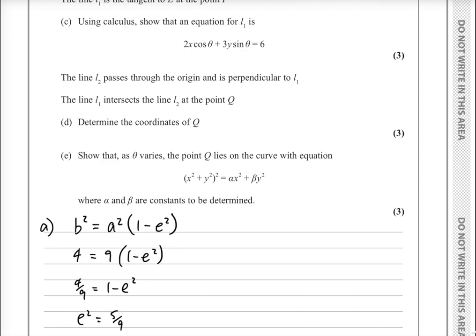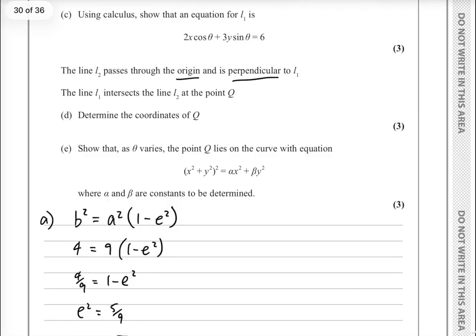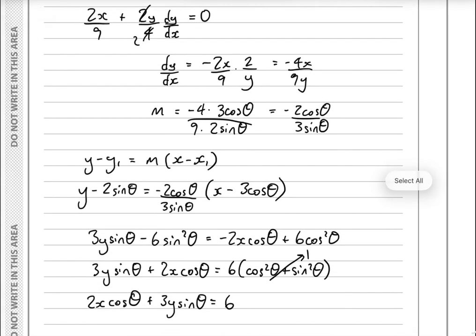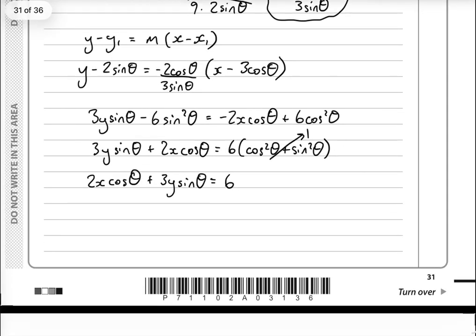Part D. The line L2 passes through the origin and is perpendicular to L1. The line L1 intersects the line L2 at the point Q. Determine the coordinates of Q. So we're going to use the perpendicularity and then set the two equations equal to one another. It's perpendicular, so we're taking this gradient here and doing m1 m2 equals minus 1.